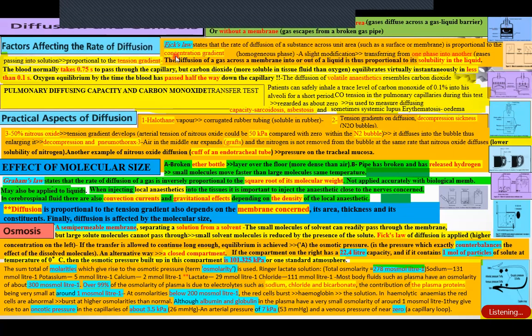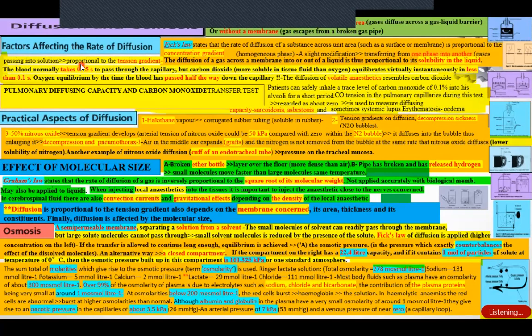The first law in diffusion is Fick's law, which states that the rate of diffusion of a substance across a unit area, as a surface or a membrane, is proportional to the concentration gradient, simply speaking. It is applied on a homogeneous phase, or a slight modification can occur if it's being transferred from one phase to another phase, as from a gas to a liquid.